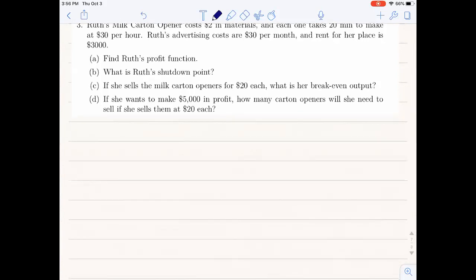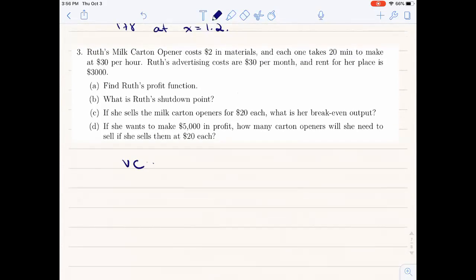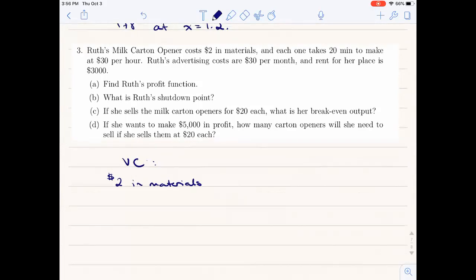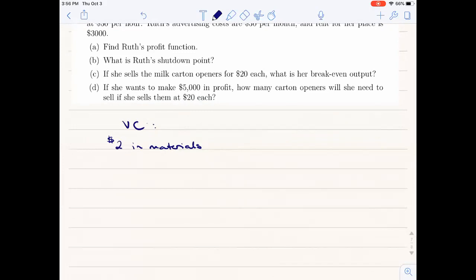Okay, so maybe I'll start with the variable costs, because that's the order that they come in, right? So the variable cost is $2 in materials and 20 minutes at $30 per hour.